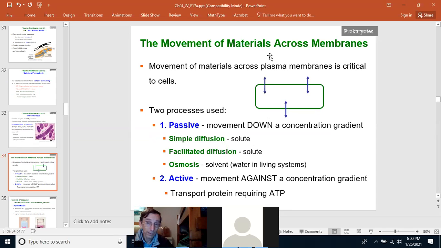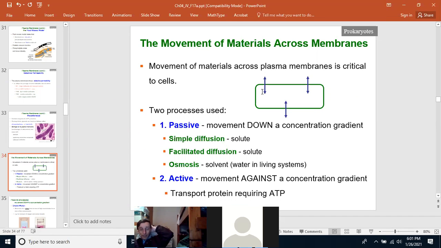And so fructose will move into the cell through the fructose transport protein by the laws of diffusion. So as long as fructose is higher outside the cell than inside the cell, then fructose will move into the cell by facilitated diffusion. Just simple diffusion and using a protein channel, or you call it a transport protein.